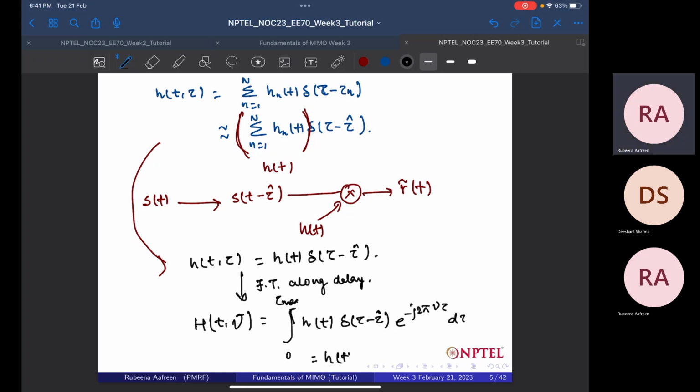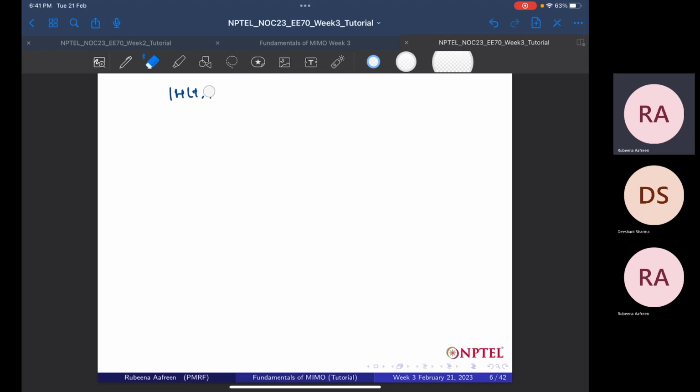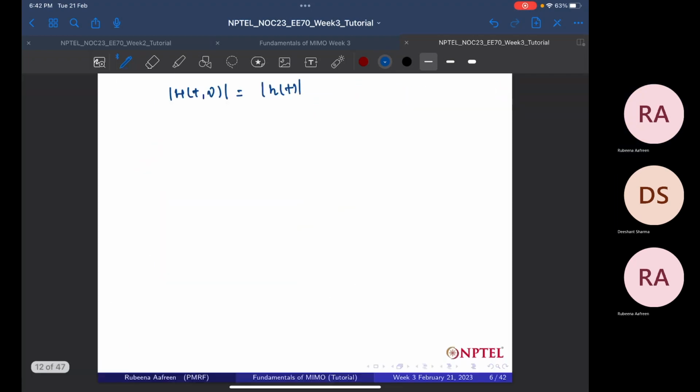This will come as h(t) into e to the power minus j 2π ν τ. From here we see that mod of h(t), or maybe write it as h(t, ν), because the mod of this term will be 1. So from here we can see that the h in frequency domain is not dependent on frequency.